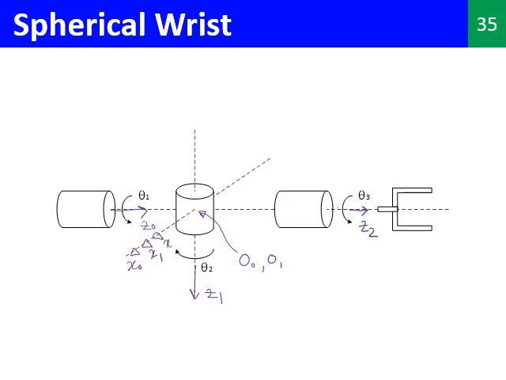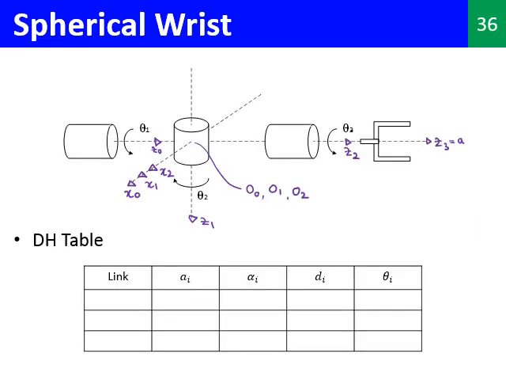So I have X2 here, right? And therefore O2 will be at the same intersection point. Alright, and finally, if you look at the end effector, we can choose Z3 same as Z2. So this is Z3, and that can be the approach direction A.